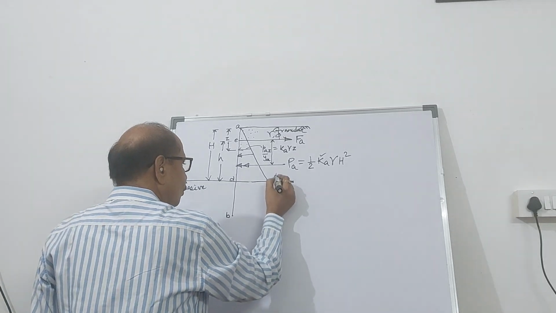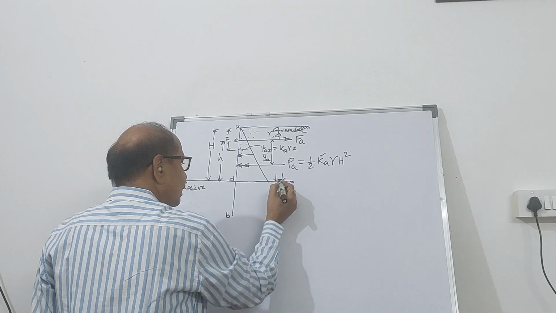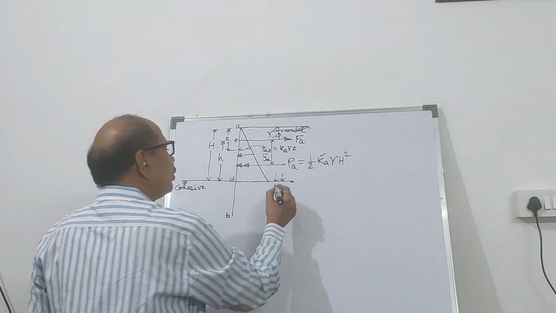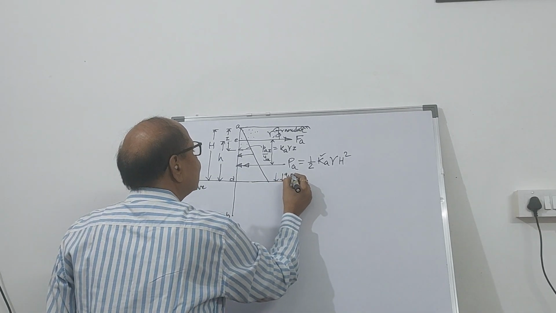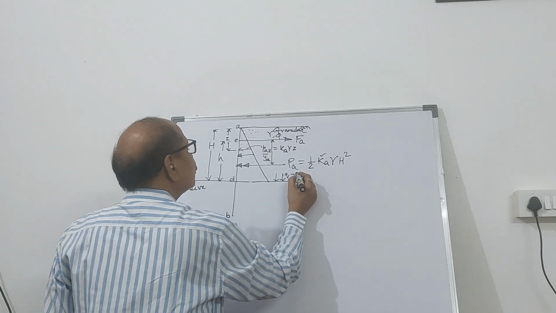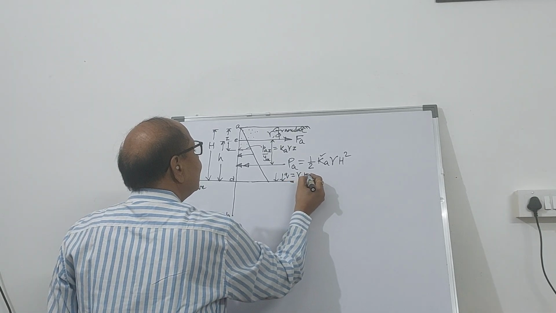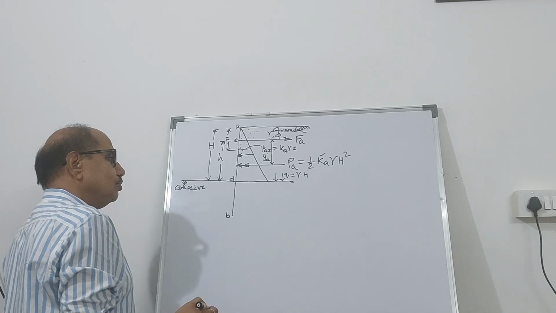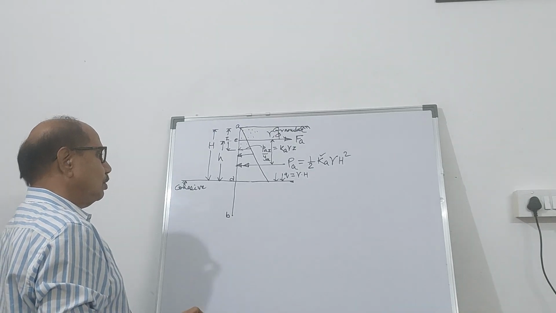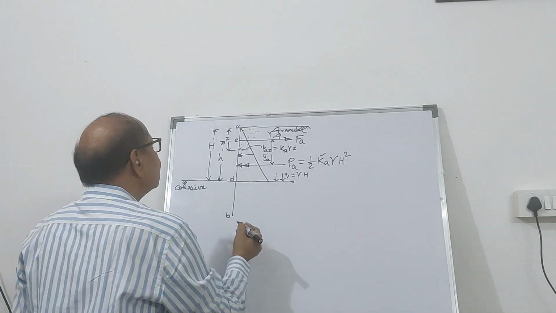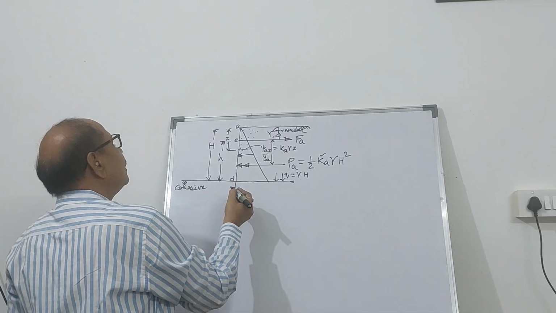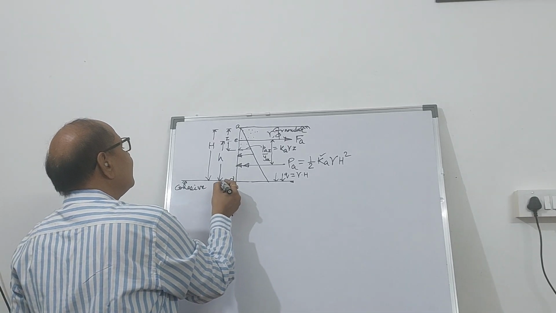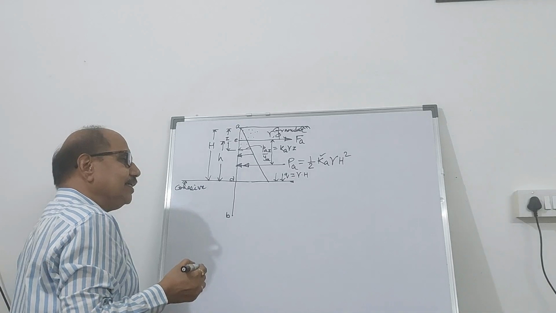Now, what is the surcharge at this location? The vertical pressure Q is going to be gamma multiplied by H. And therefore, what will be the pressure at D?